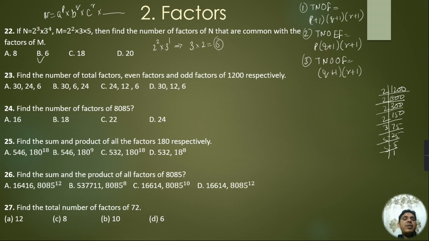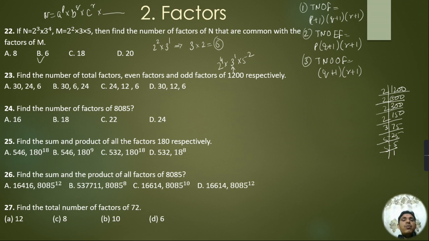That means 1200 can be written as 2 to the power 4 multiplied by 3 to the power 1 multiplied by 5 to the power 2.